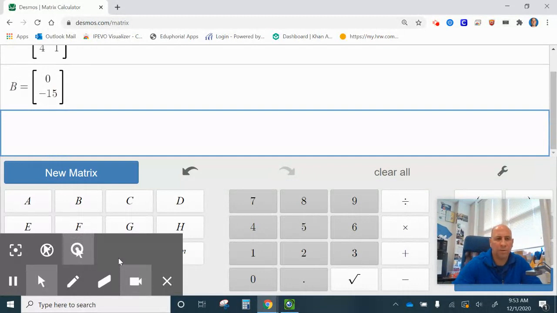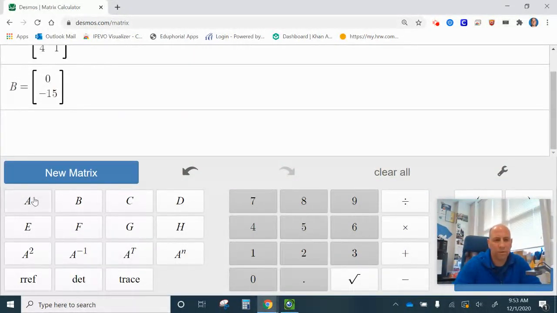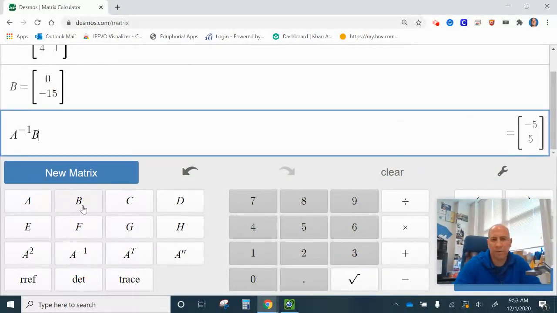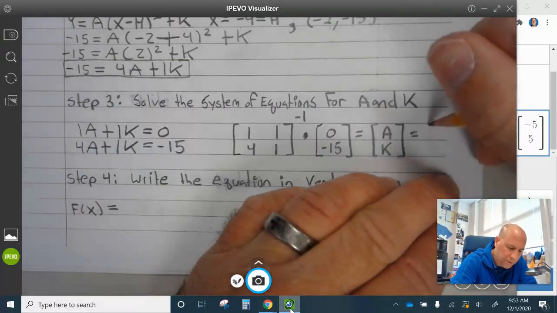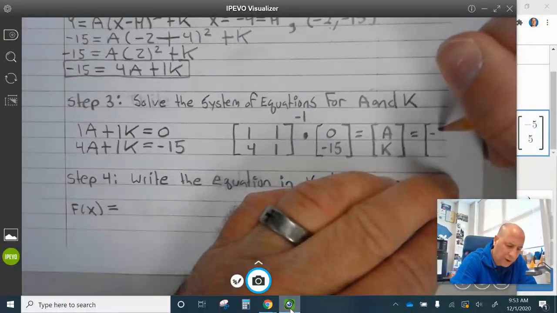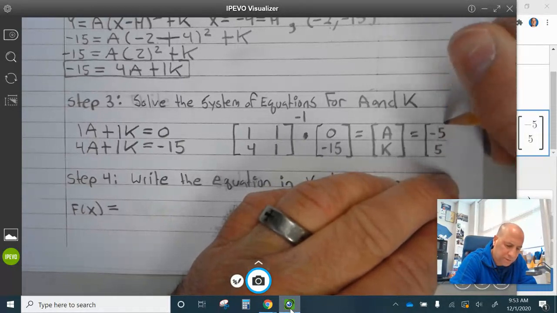Enter. And we know we're going to do A inverse B. And so our A and K value are negative 5 and 5. So A is negative 5 and K is 5.